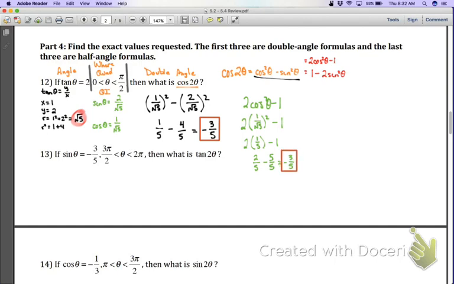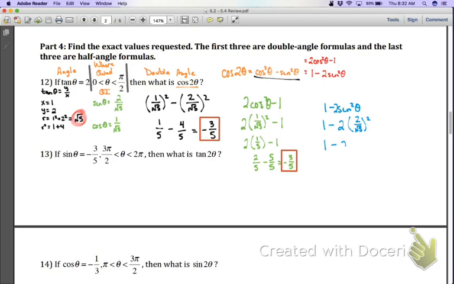What do you know? It's the same answer. Again, do the same thing with 1 minus 2 times sine squared theta. So 1 minus 2 times 2 over square root of 5 squared.